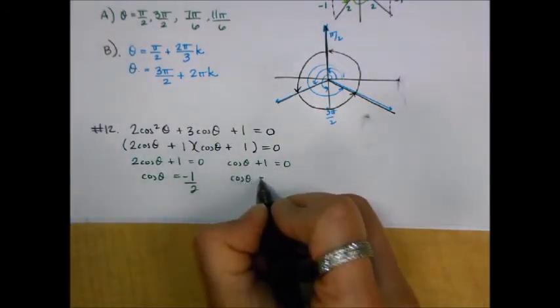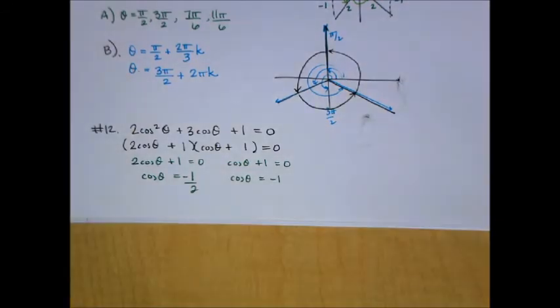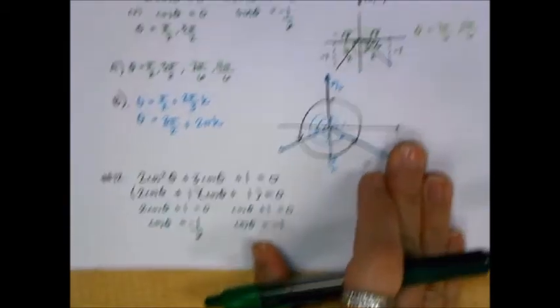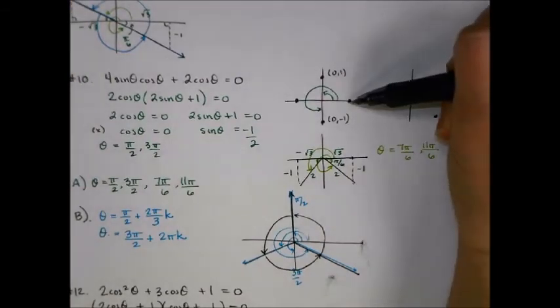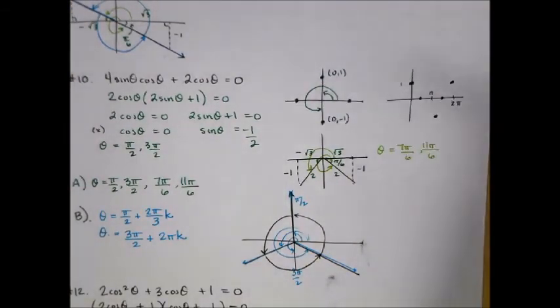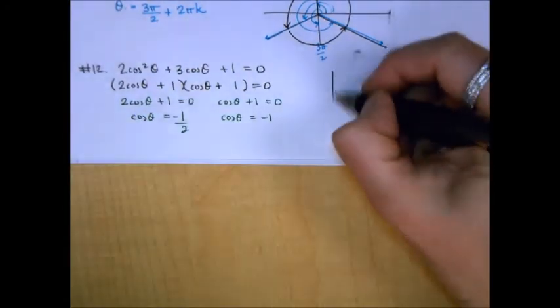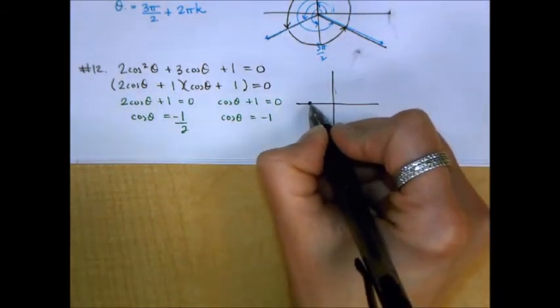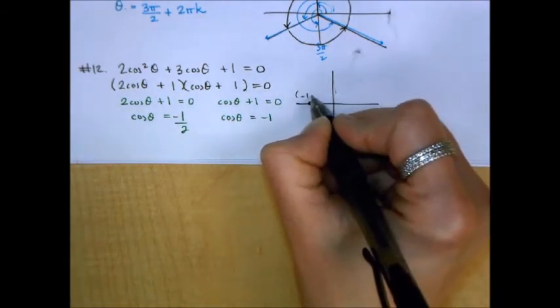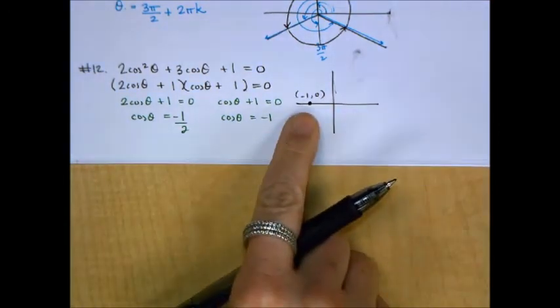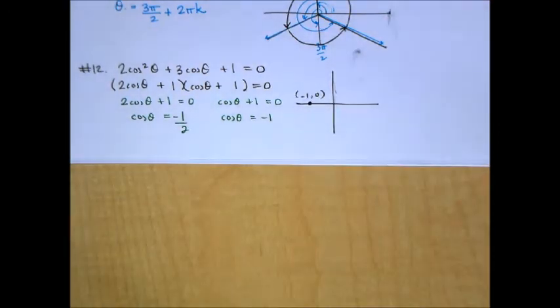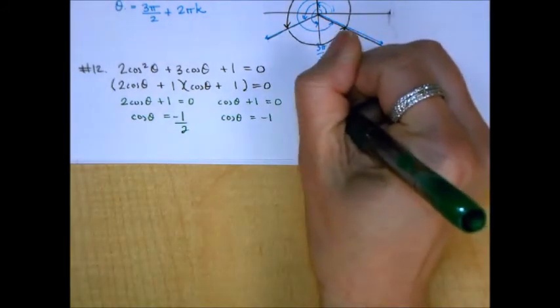So anytime sine or cosine is 1, -1, or 0, you're looking at a point that is on your x or y axis. So this time we're looking for an x value of -1. So on your x-axis, 1 unit back. So -1, 0. This point is on the negative x-axis, which corresponds to the angle pi. So the only value here from 0 to 2 pi is pi.